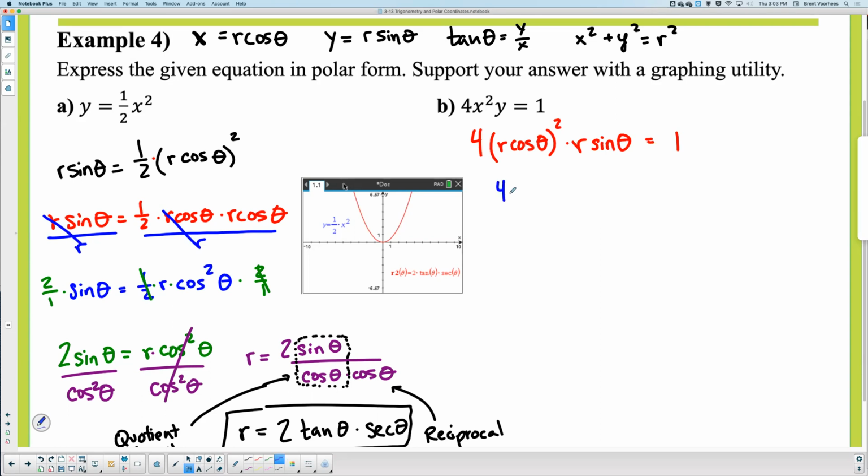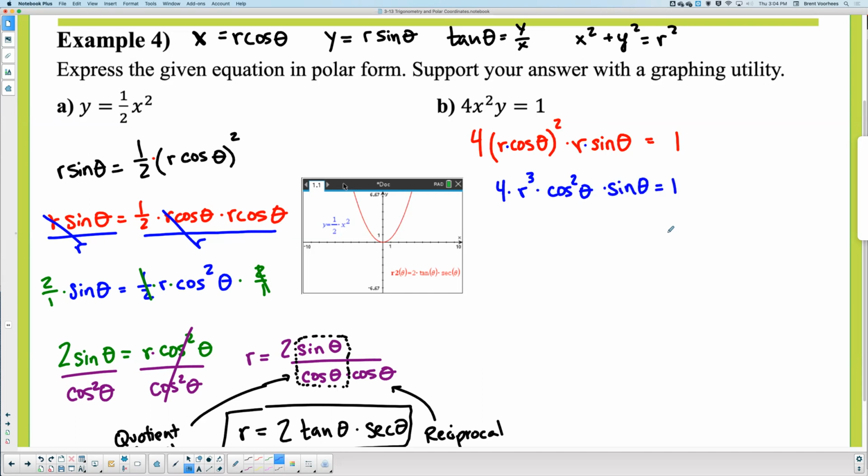I would have 4 times, this is an r times a cosine times another r times another cosine. And then we'll have a times r times sine. There's going to be r cubed. There's going to be 3 r's, 2 there, and now I'll have times cosine squared theta times sine theta.